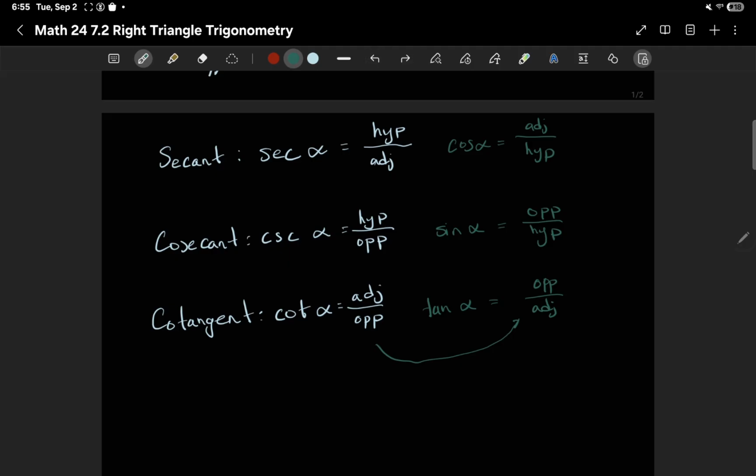And the reason for that is that another way to write it is that secant of alpha is just equal to 1 over cosine.